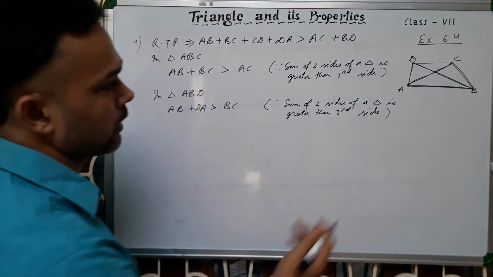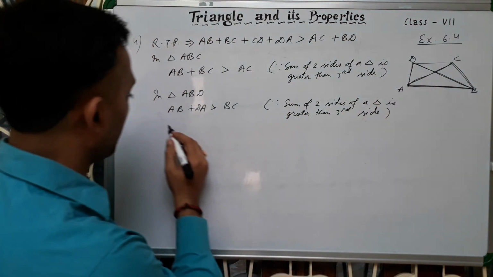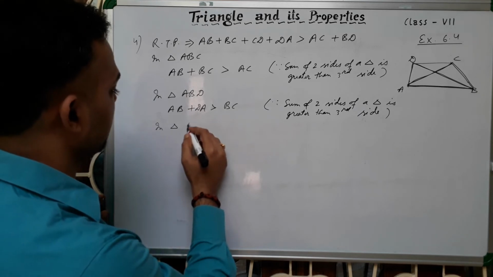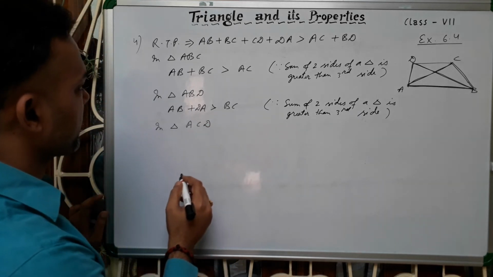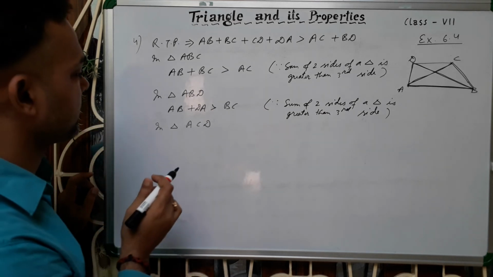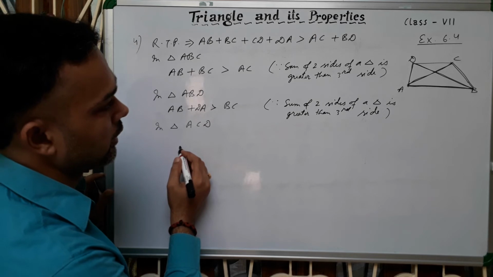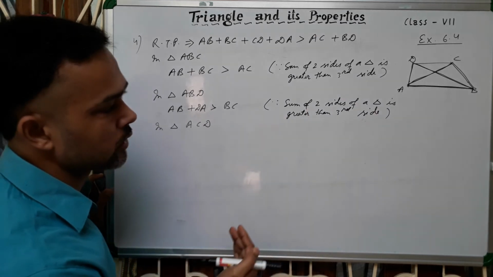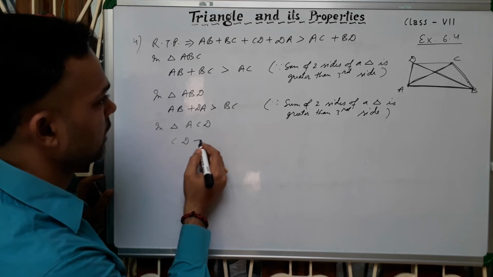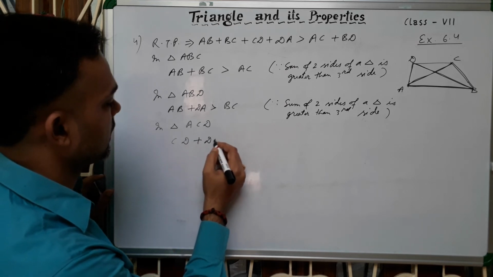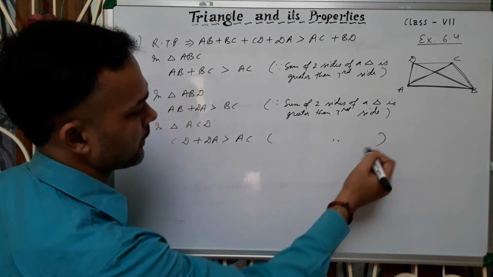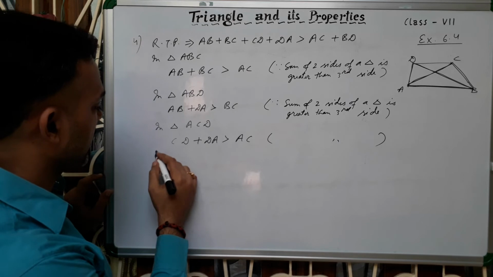Now let us take other triangle as in triangle ACD. Okay, in this what you will be observing is that we have to place the diagonal towards the other side. So over here we will mention CD plus DA is greater than AC. Once again the reason remains same.